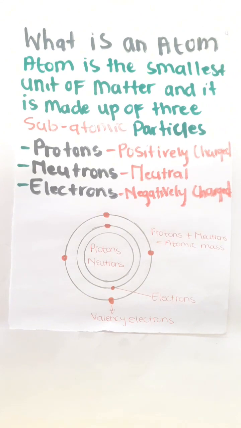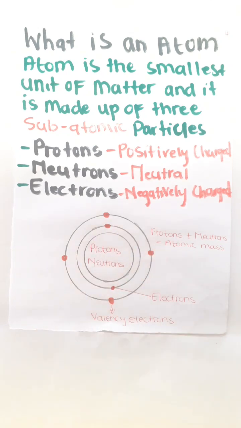What is an atom? An atom is the smallest unit of matter and it is made up of three subatomic particles, which are protons, which are positively charged, neutrons, which are neutral, neither positively nor negatively charged, and electrons, which are negatively charged.